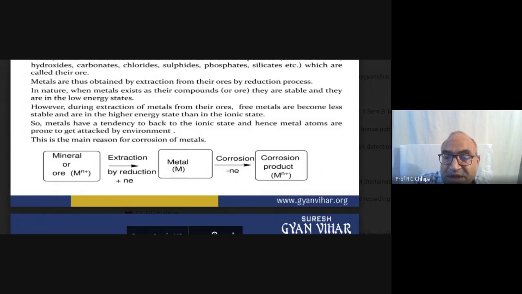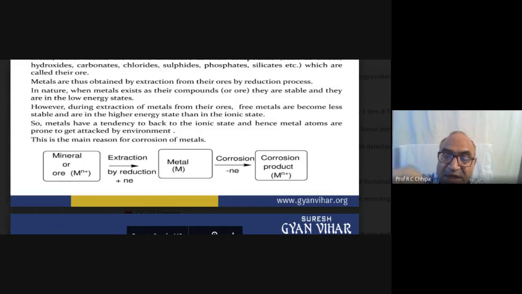But other metals are also added into the iron, the transition metals. If we add some percentage of chromium and nickel, different transition metals are added into the iron, so that becomes the alloy.